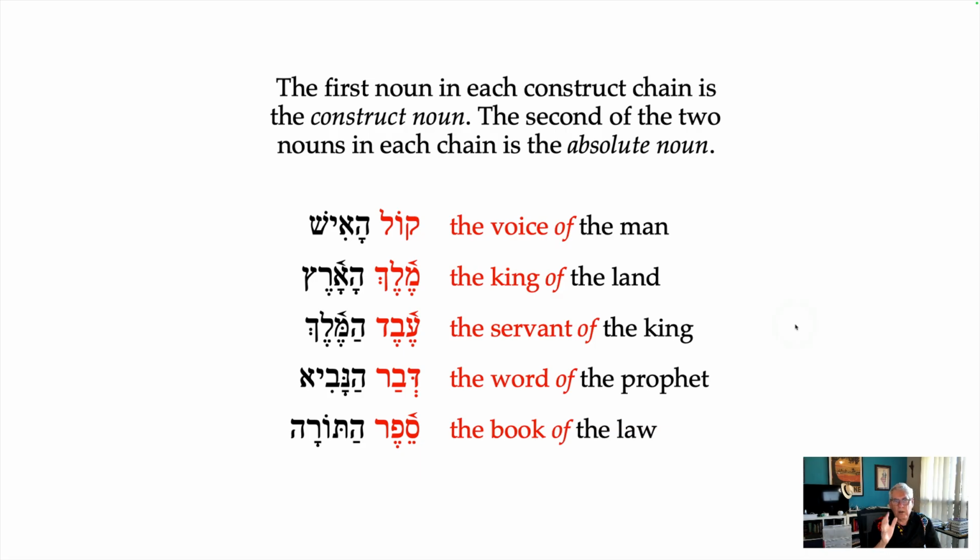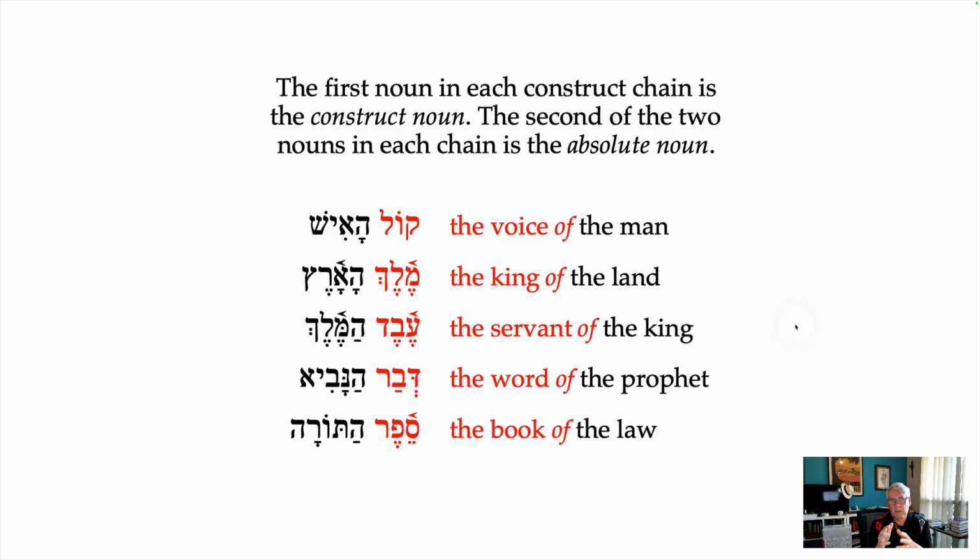So, Kol Ha'ish, voice of the man, so that means it is the voice of the man. If the second noun or the final noun is definite, then the whole phrase is definite. So although there can never be a definite article on the noun in the construct case, nonetheless it picks up the definiteness from the absolute noun.